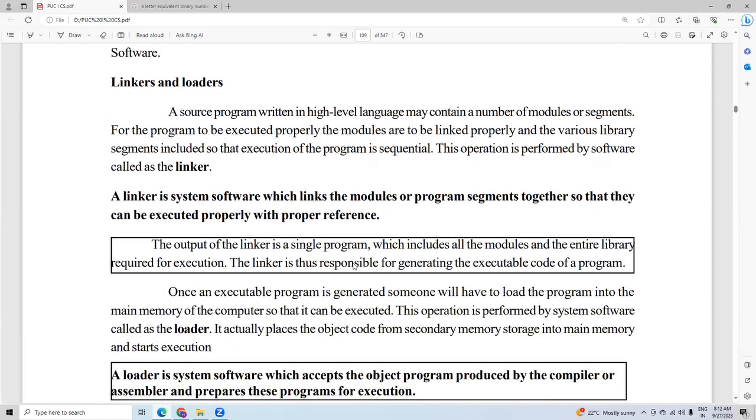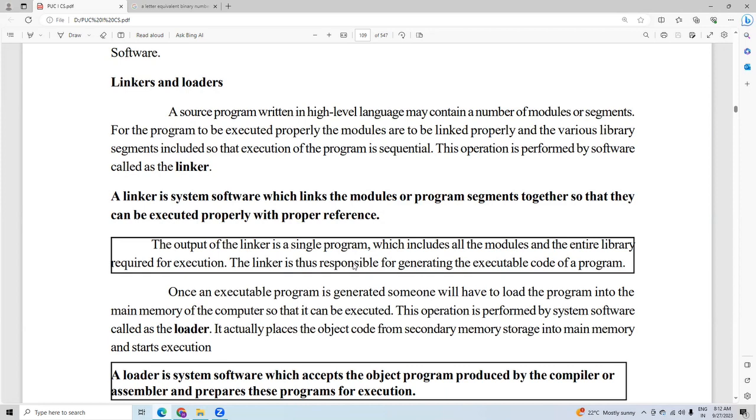So in that we have linkers and loaders, where a source program written in HLL may contain a number of modules or segments, right? For the program to be executed properly, the modules are to be linked properly, and the various library segments included, so that execution of the program is sequential.